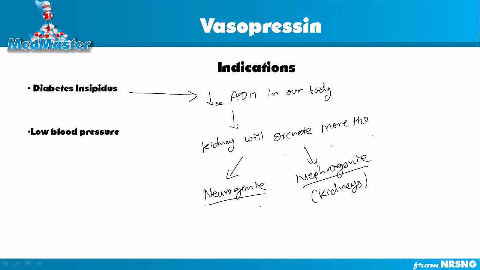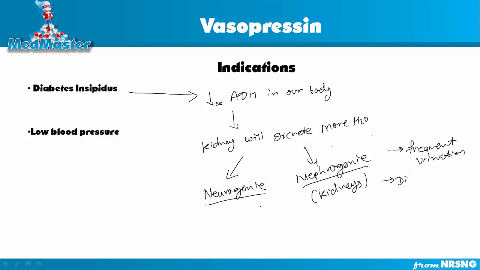Because of that, kidneys are going to lose more and more water and won't be able to reabsorb that water from the collecting ducts. So now, since we talked about diabetes insipidus, what are the symptoms of diabetes insipidus? They are losing more water through the urine, so they will have frequent urination.